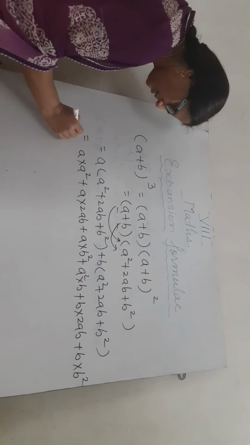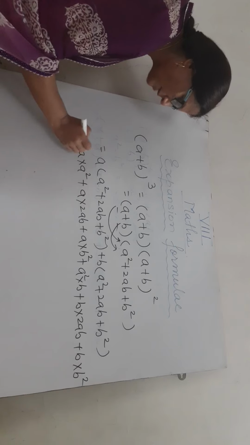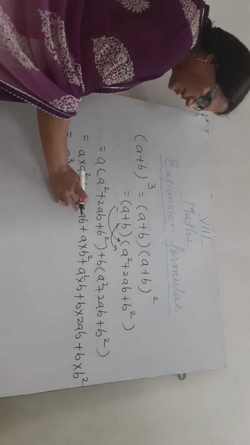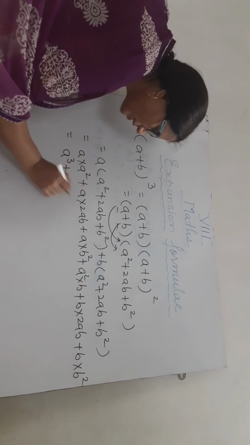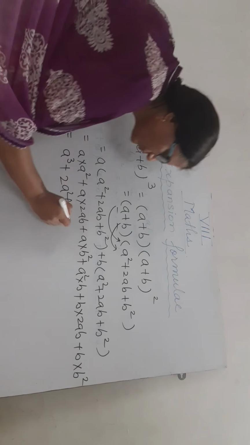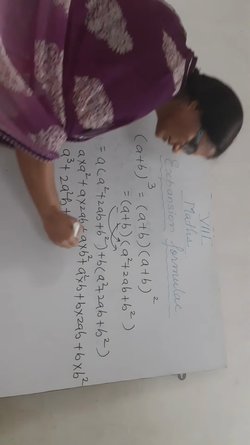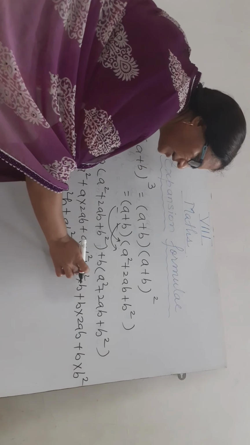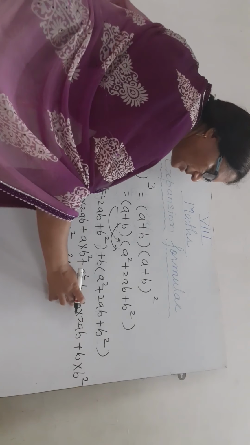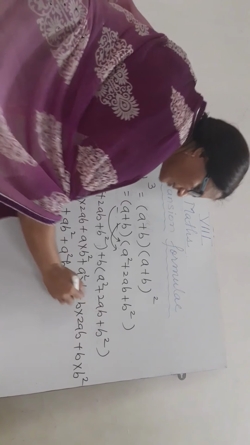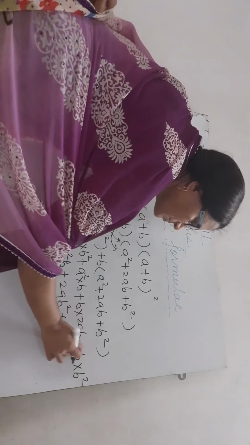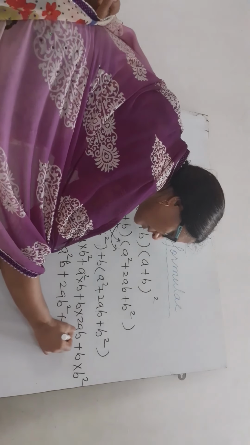Okay, a multiplied by a square is a cube plus twice a square b plus ab square plus again a square b plus b multiplied by twice ab, so twice a b square, plus b multiplied by b square is b cube.